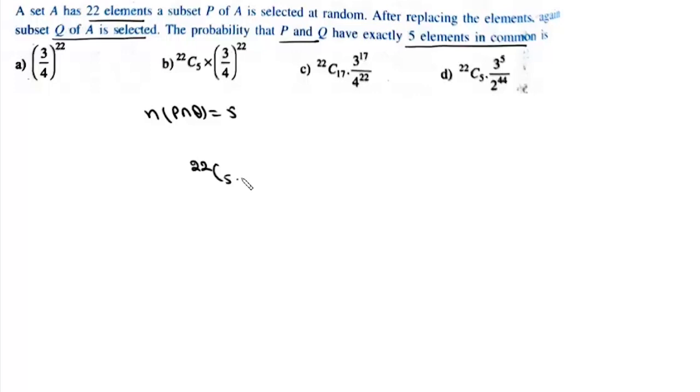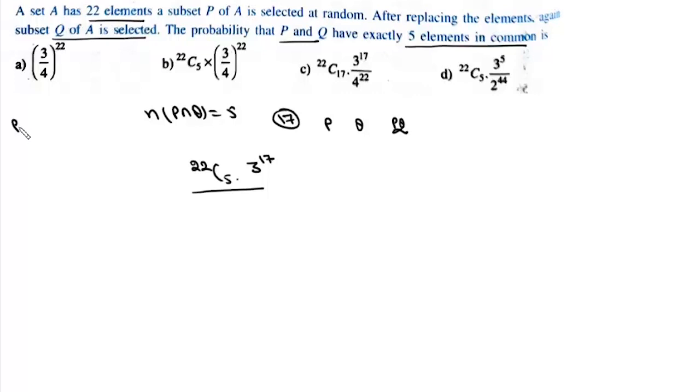Now we are left with remaining 17 elements. And for each of these remaining 17 elements, we have 3 choices. Either each element may go to P or Q or neither P nor Q. So there will be this 3 to the power 17. Now for total number of cases, we have 22 elements and for each element we have 4 choices.